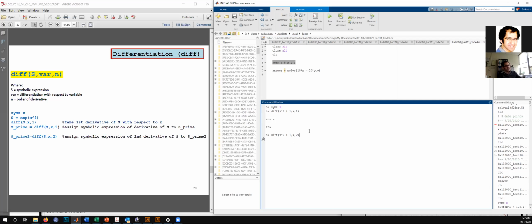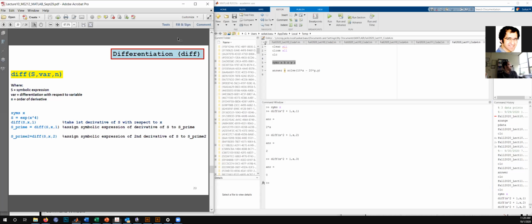So hopefully that should be the output. So indeed that is. So if you get something else, make sure to double check your work. Okay. So similarly, if I now take the third derivative, it would be a 0 because you cannot take a derivative of a number. So that is 0. So MATLAB would be able to do this kind of computations. And as long as the equations are not that complicated, it should be fine.